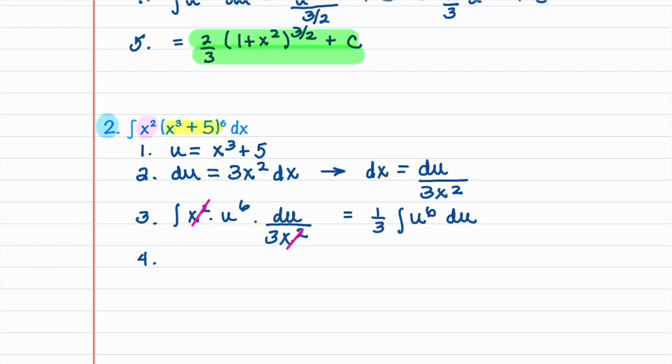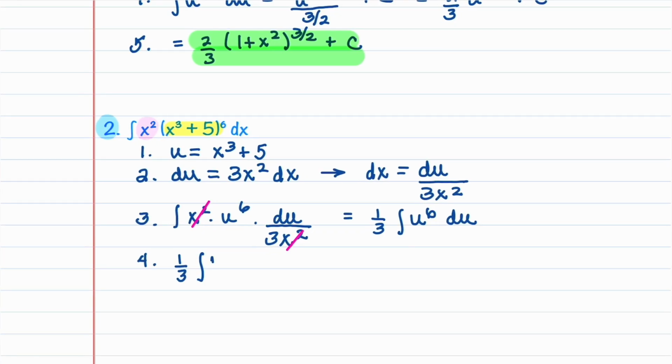Our fourth step is to just integrate this new integral. We have 1/3 the integral u to the 6th du is equal to 1/3. We're going to add 1 to the exponent, so we have u to the 7th divided by 7 plus c, and then we'll combine our constants, and we have 1 over 21 u to the 7th plus c.